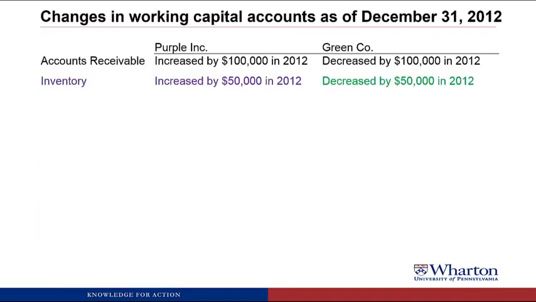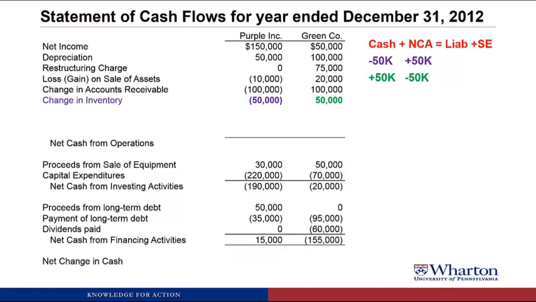Next, Purple had an increase in inventory of $50,000. Green had a decrease in inventory of $50,000. Starting with Purple, inventory goes up, non-cash asset goes up. We subtract that on the cash flow statement. What must have happened here is Purple bought more inventory than they sold, with the amount of inventory they sold represented in net income. For Green, their inventory went down, so that's a non-cash asset going down.